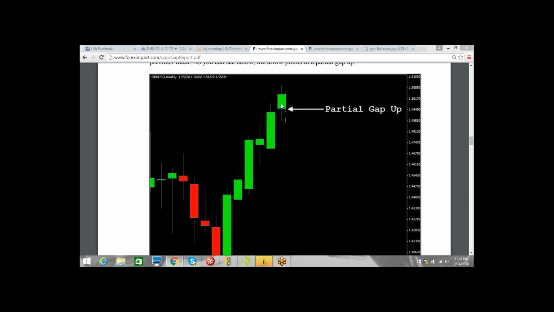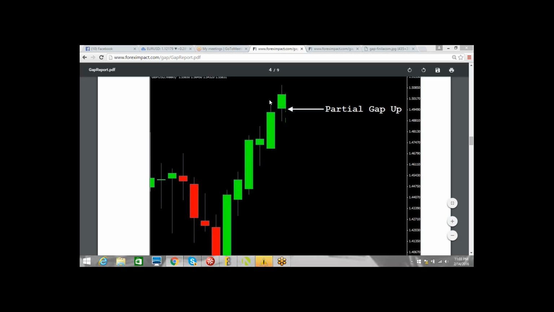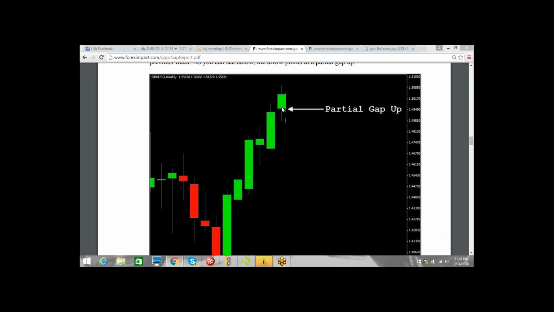So it's only a partial gap because it partially opened over it. It only opened over the wick, but not the candlestick. Just to read that one more time so you have it clear: a partial gap occurs when the opening price is higher or lower than the previous closing price, but does not gap beyond the high or low of the previous candlestick. This is a perfect example of a partial gap.